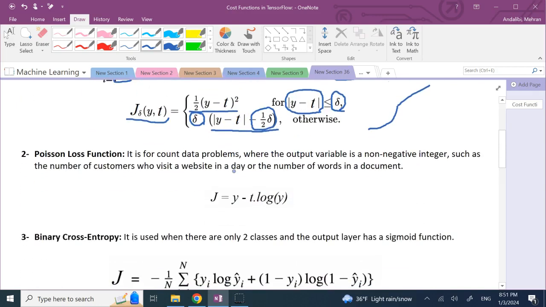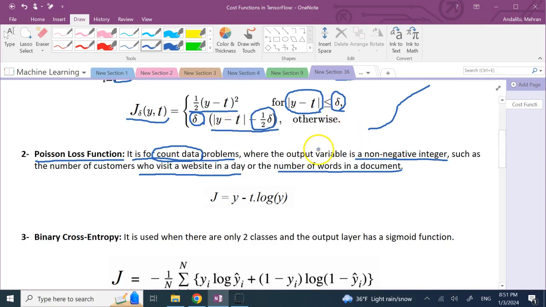The next one is called the Poisson loss function or cost function. It is good for problems that have count data. In other words, the outputs are non-negative integers, like when you want to count how many visitors came to a website in a day or the number of words in a document.